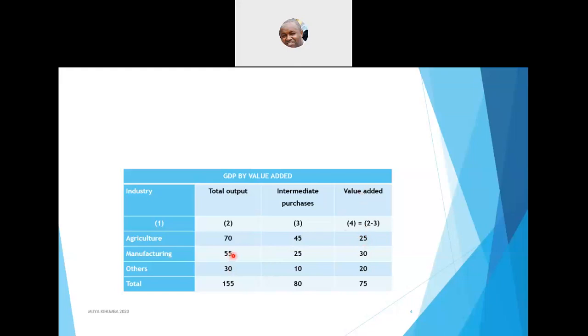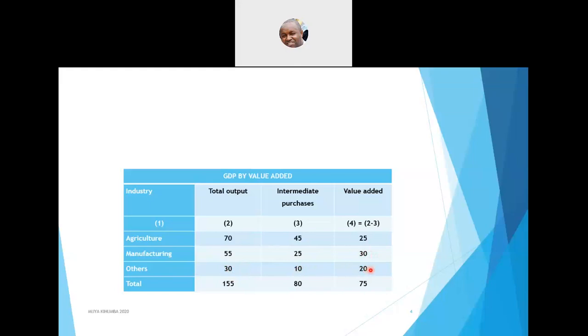The same can be done with the manufacturing sector, where total output is 55, and when we less 25, the intermediate purchase, we end up with value added of 30 in that sector.